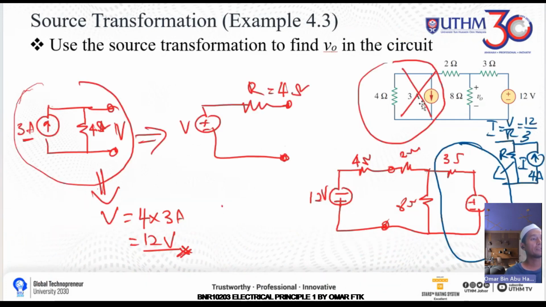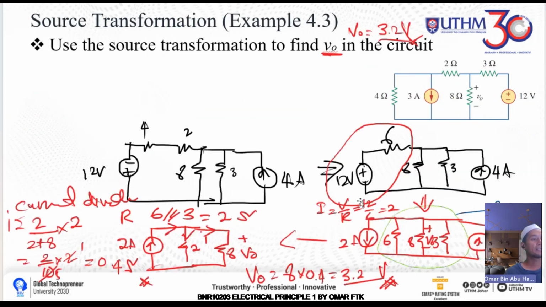So from the first one, first we change from the current source and the resistor in parallel into the voltage source in series with the resistor, and then after that we combine the 4 ohm resistor and 2 ohm resistor, and then convert again into the current source.